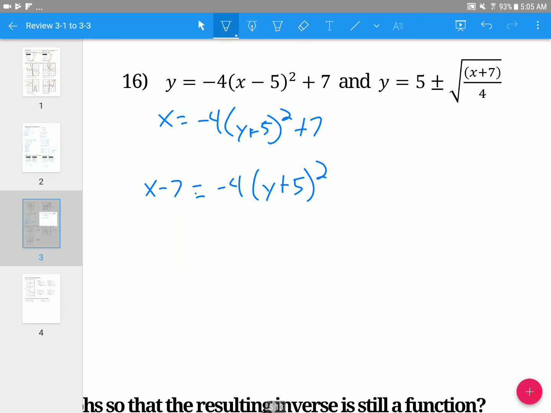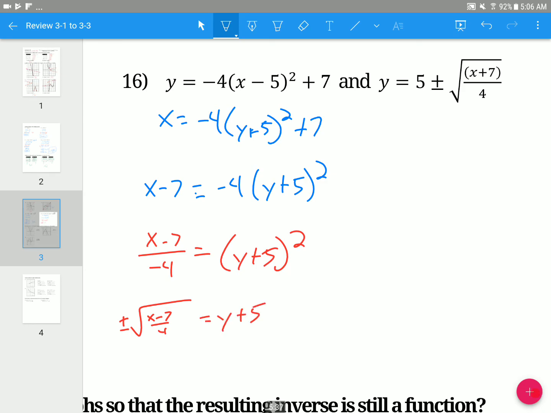From here, you got to multiply by negative 4, so we'll divide by negative 4, so that's x minus 7 divided by negative 4 equals (y plus 5) squared. Again, you got a negative 4 down here, you got a positive 4 over there, so again, we can already tell it's not going to work, but I'll still finish it out. So that's the square root of x minus 7 over negative 4 equals y plus 5.